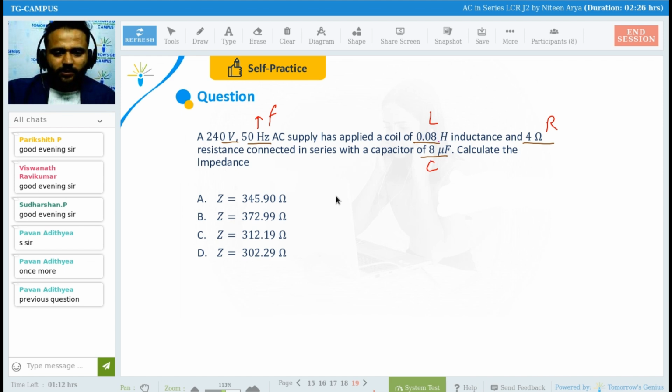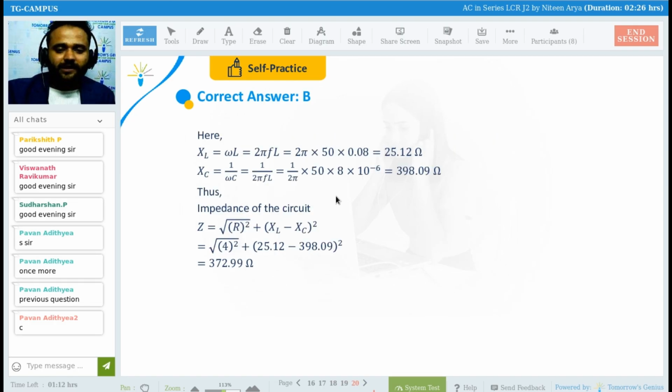Here I can see 8 or 9 students: B, C. Anyone else? D or A also? Okay. The correct answer is B.